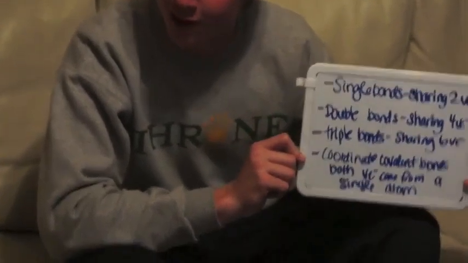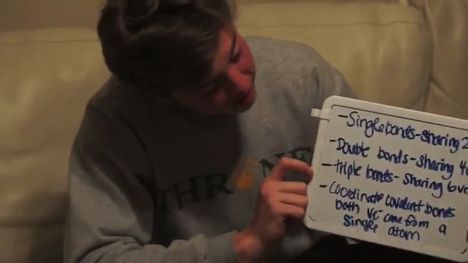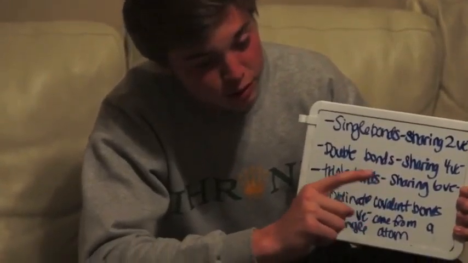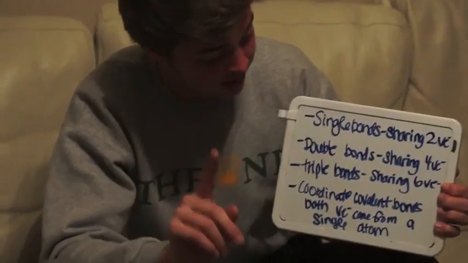In covalent bonds, there is a sharing of electrons between two atoms or more. The first type of covalent bond is a single bond, and that is the sharing of two valence electrons between two different atoms, one electron from each.